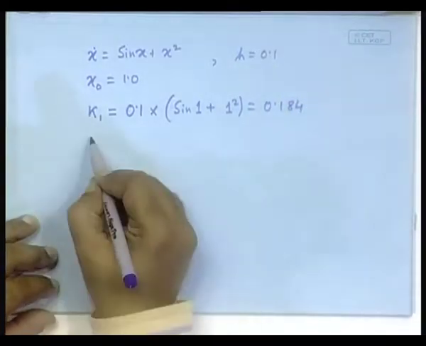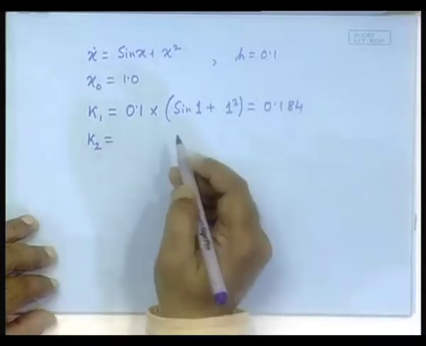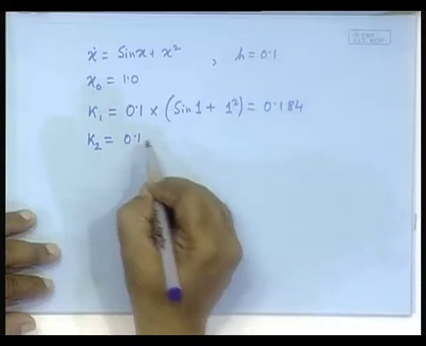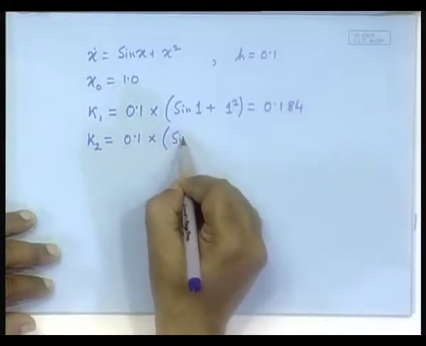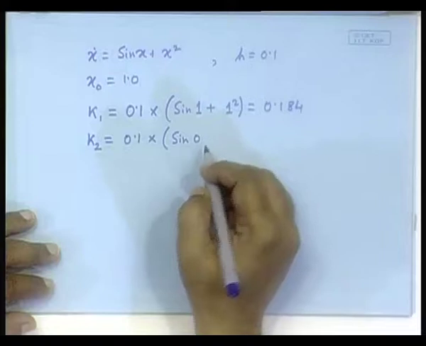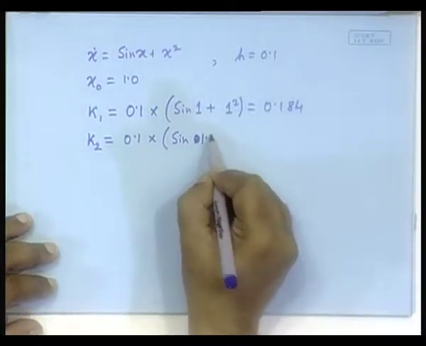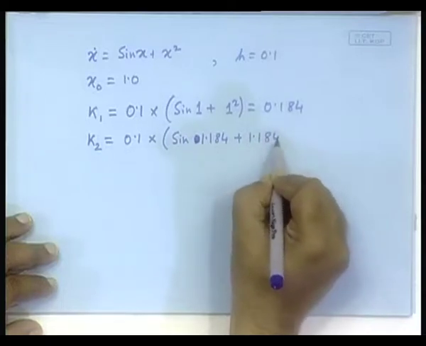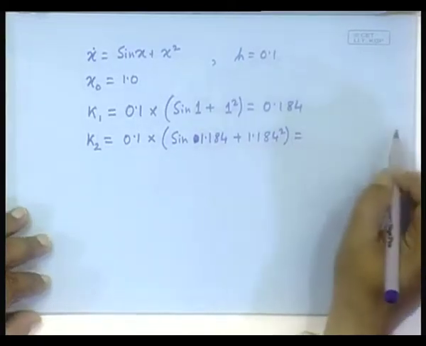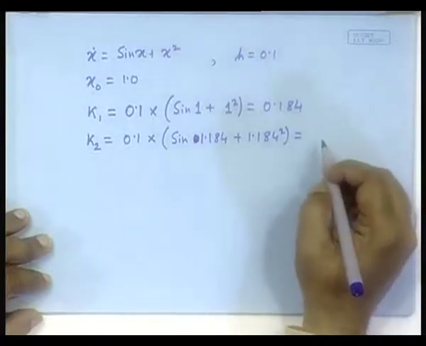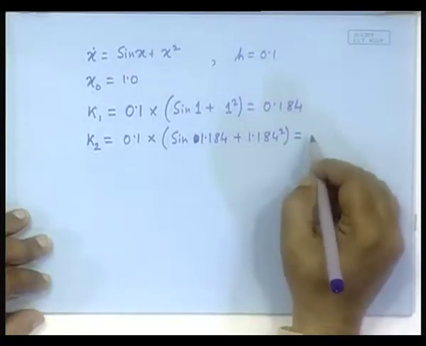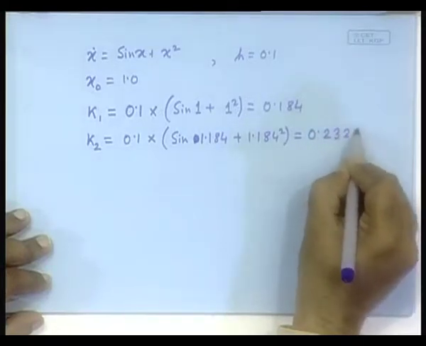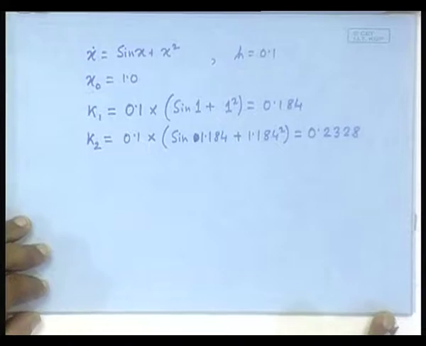Okay. k2 is this substituted here: 0.1 times sin 1.184 plus 1.184 square is equal to this. Again we have calculated, it is 0.2328. Okay.